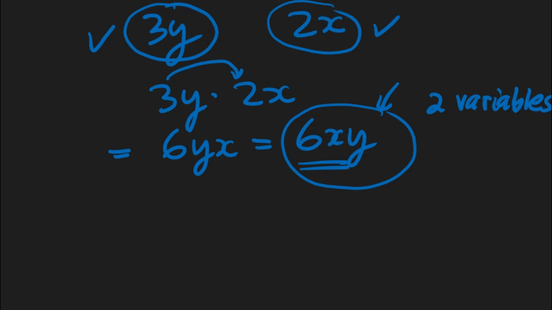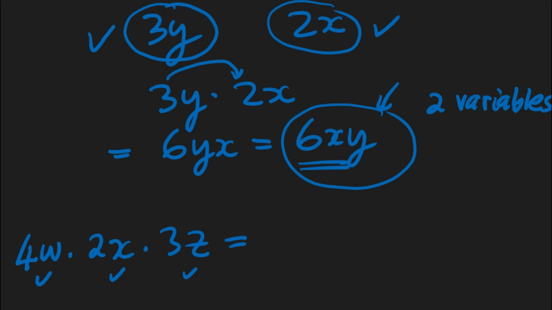For example, if we multiply the algebraic term 4w with 2x and also with 3z, 4w multiplied by 2x and multiplied also by 3z, what do we get?